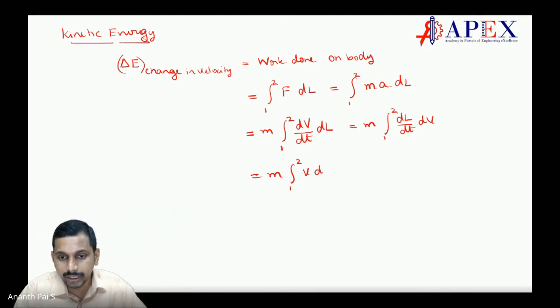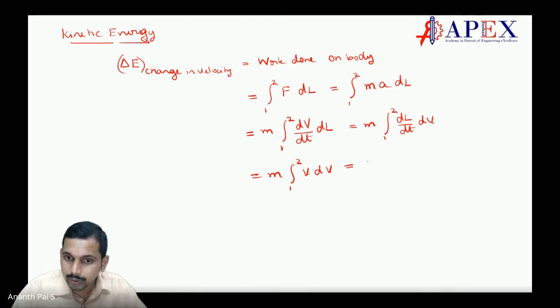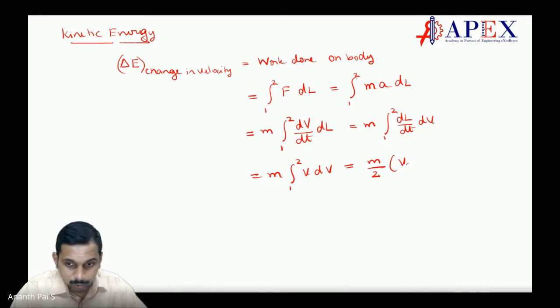When you integrate v dv from 1 to 2, what do you get? You get m by 2 into v2 square minus v1 square. Make sense?